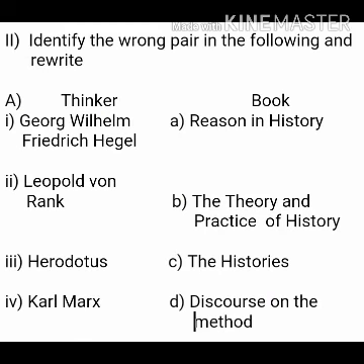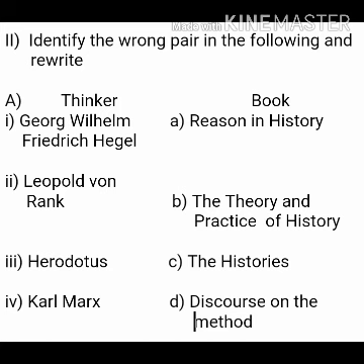Now let's see the next question. Identify the wrong pair. In this question, you have to only identify the wrong pair and not correct the wrong pair. You can cancel now in your question the words correct it. You have to only identify the wrong pair and write that wrong pair in answer.